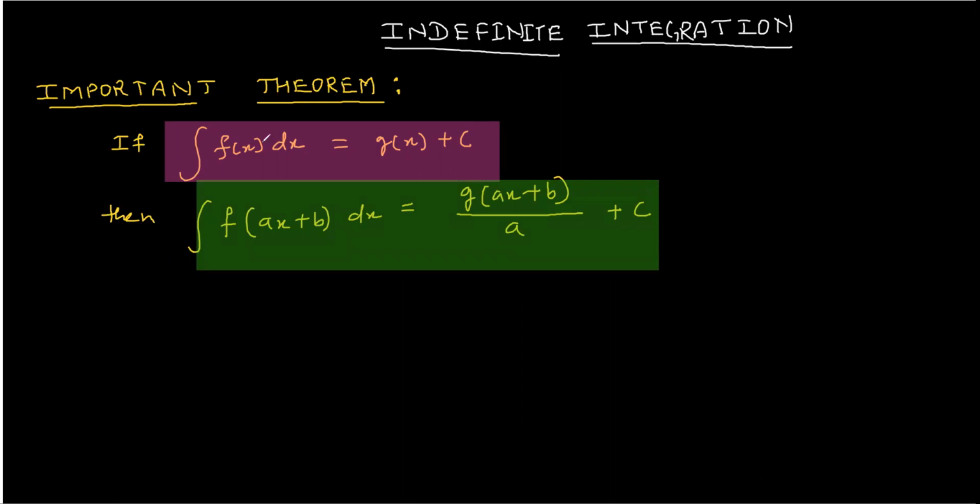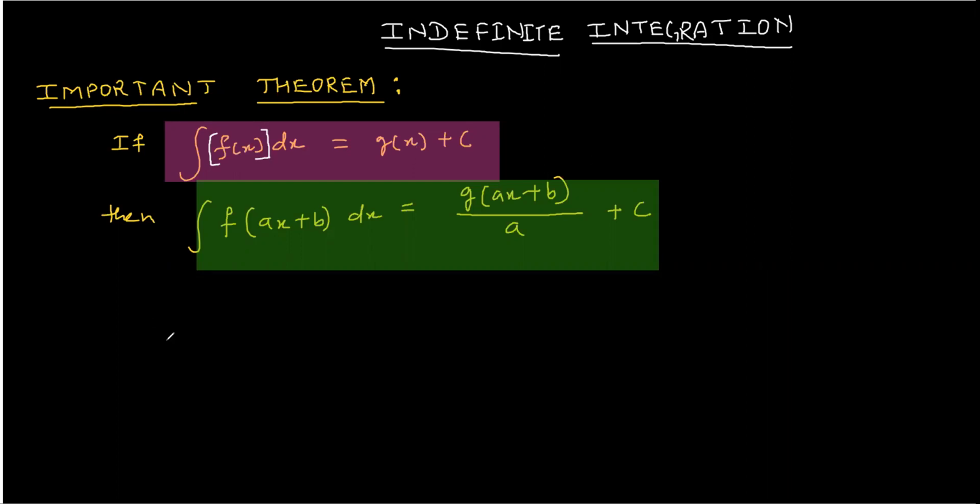You have a function of x, and when you are integrating this function of x with respect to x, you are getting g of x plus c. This is quite simple, students. Whenever I integrate some function of x, I get some other function of x.